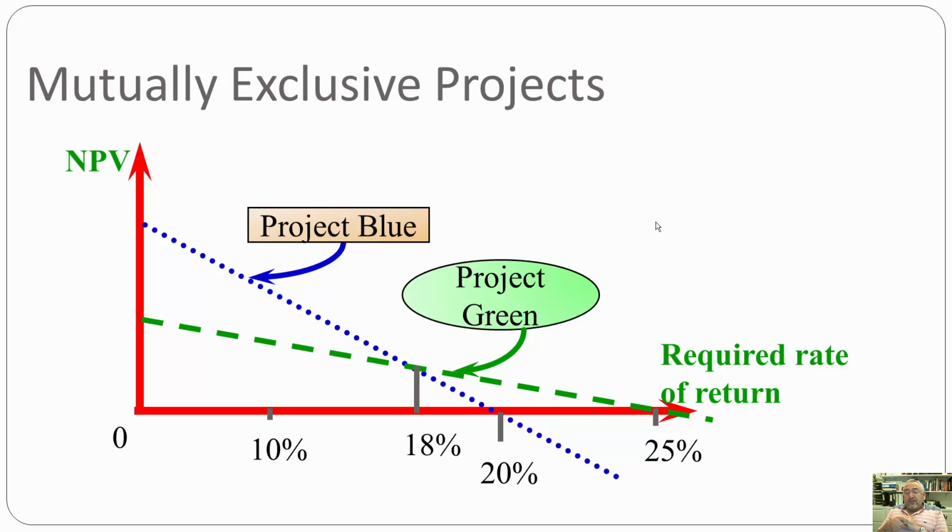They're probably not getting discounted as much, or they don't respond that much to changes in the discount rate. So for lower discount rates, Project Blue is still giving you a higher net present value. You've got to push that discount rate pretty high for the two projects to basically be equal. And at 18% here, they're equal.